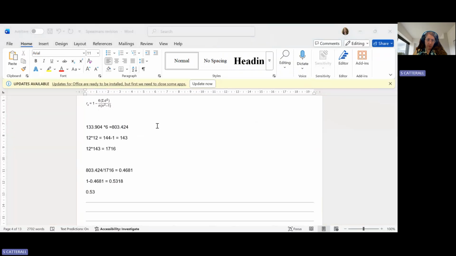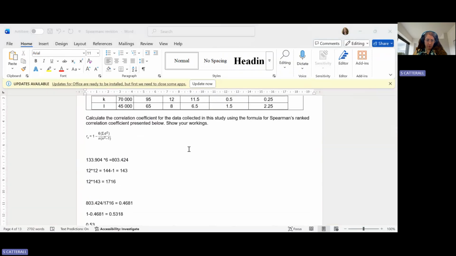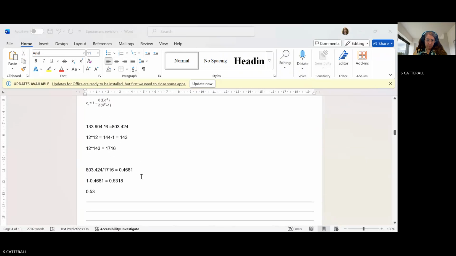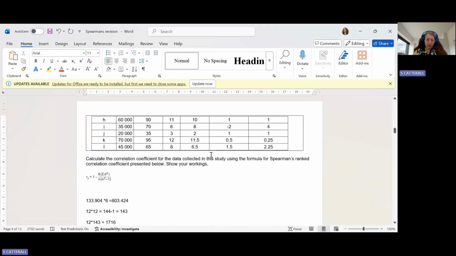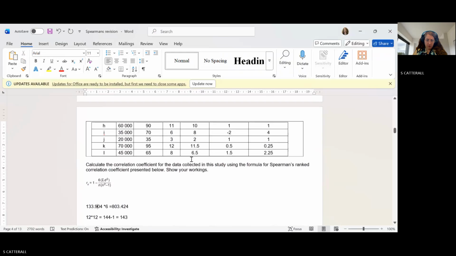Oh, where's that come from? So they got 138 for the, oh, am I looking at the wrong one? Oh no. The difference squared total is 138. Oh, so we got slightly different results here. That's weird.